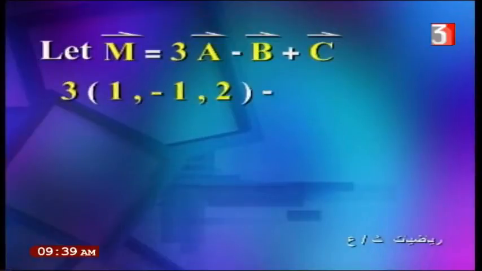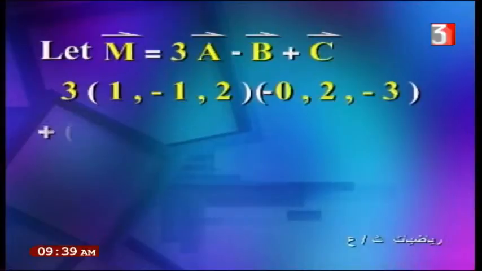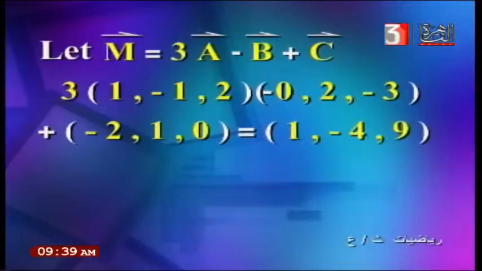Look at this, my dear student. Let M vector equal 3A vector minus B vector plus C vector. Then we compute 3 times A minus B plus C. The answer is 1, negative 4, 9. This is M vector. What is the norm of vector M?